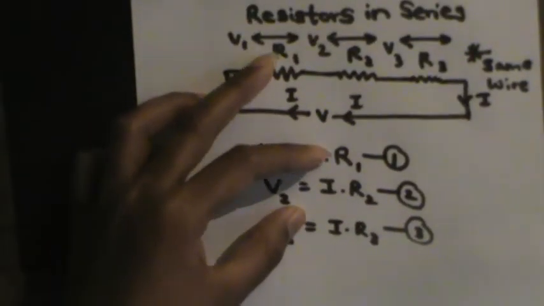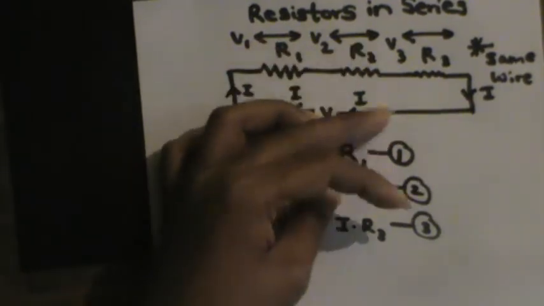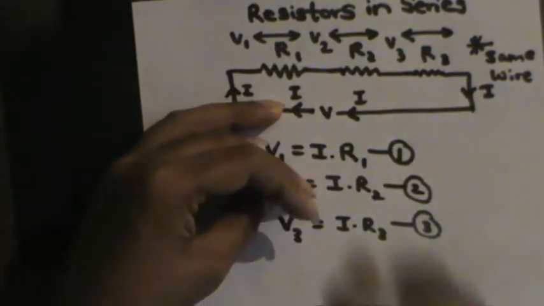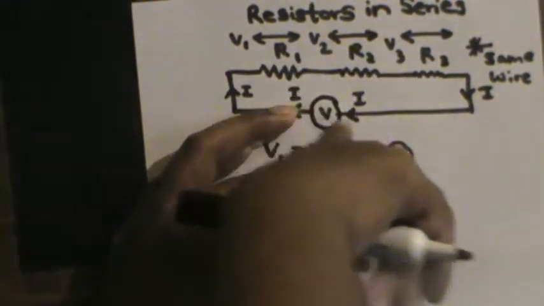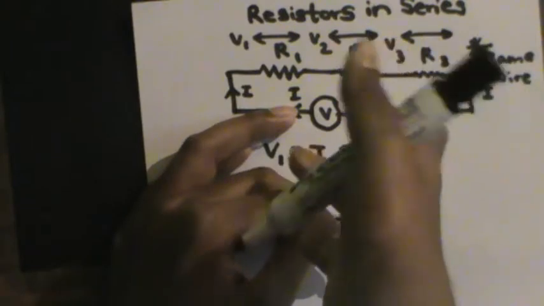Now the voltages that are building up in this circuit are due to the voltage that we supplied here. Without this voltage, there won't be any voltages or any currents through this circuit. So the total voltage is supplied by this cell or any other voltage source.